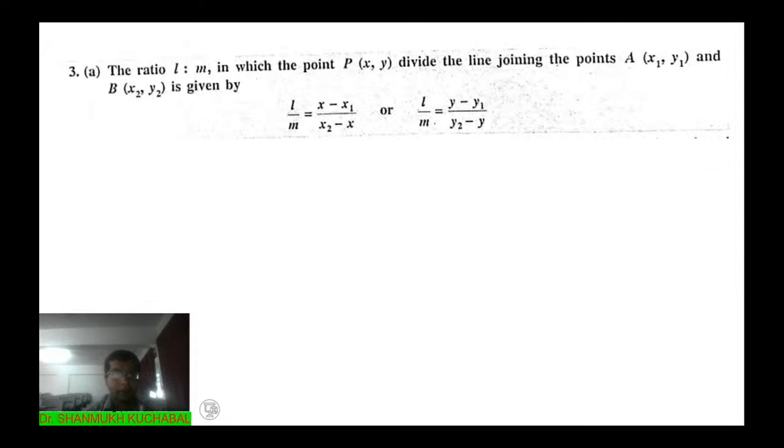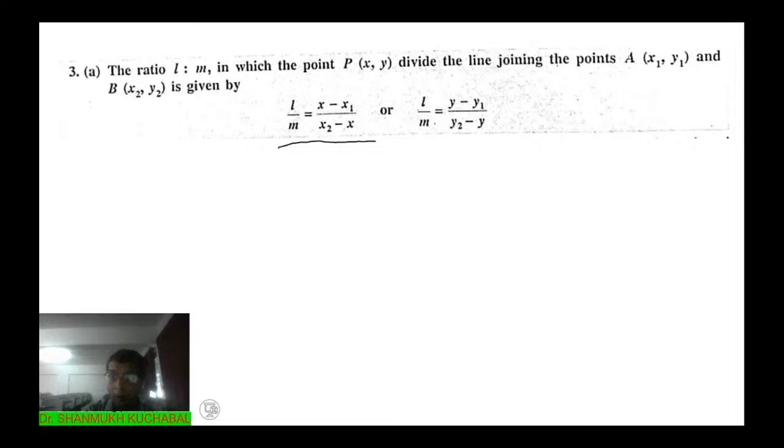Next, the ratio L is to M, in which the point P(x, y) divides the line joining the points A(x1, y1) and B(x2, y2), is given by the formula L divided by M equal to (x minus x1) divided by (x2 minus x).